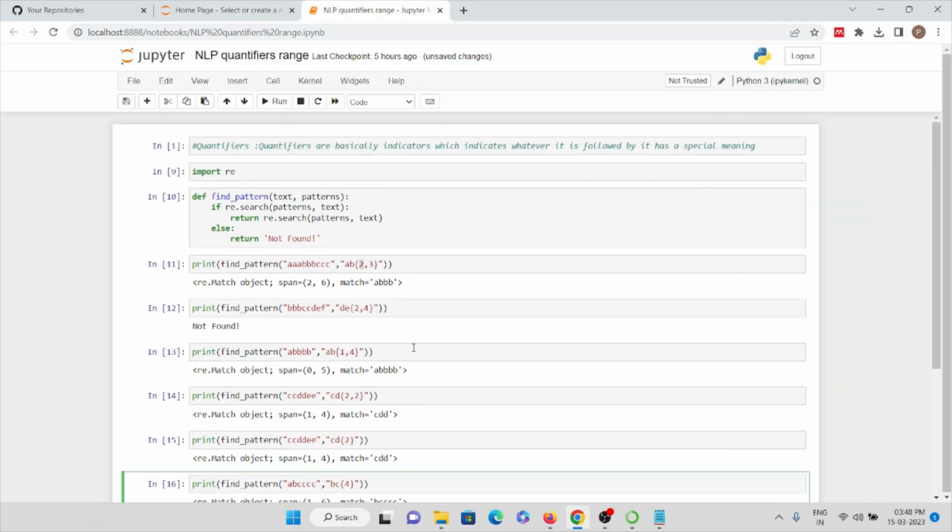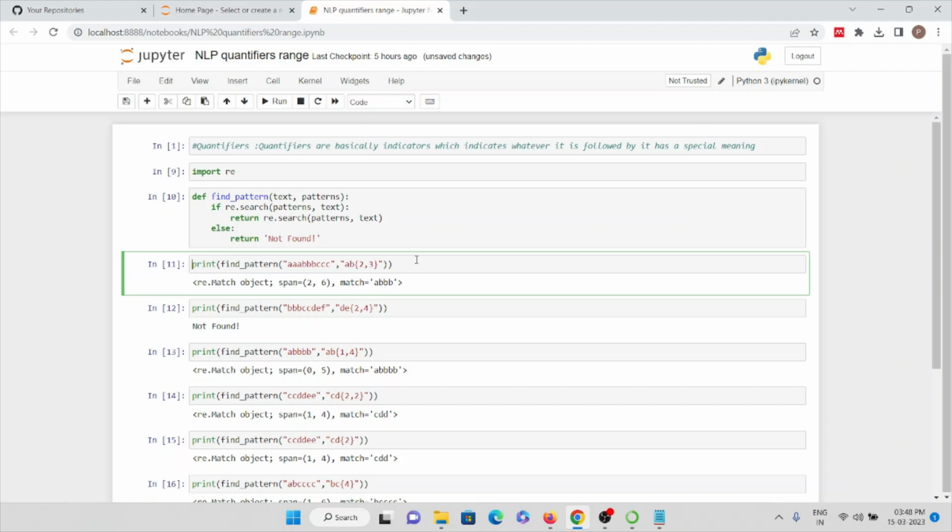Okay. In the previous examples I have taken a range. So here, A followed by B, where B can occur a minimum of 2 times and a maximum of 4 times. Here, D followed by E, and E can occur a minimum of 2 times and a maximum of 4.